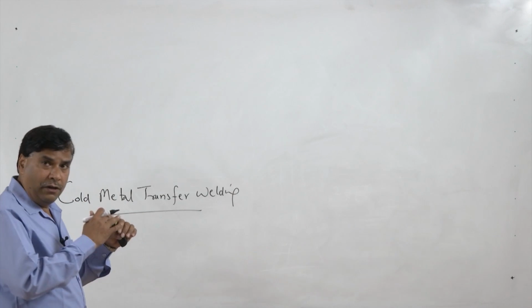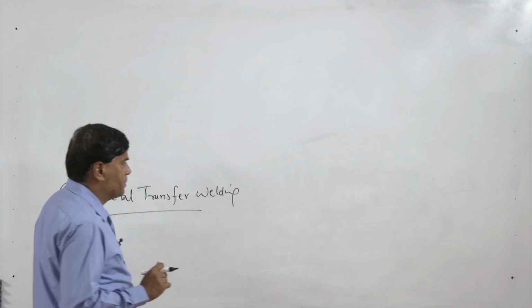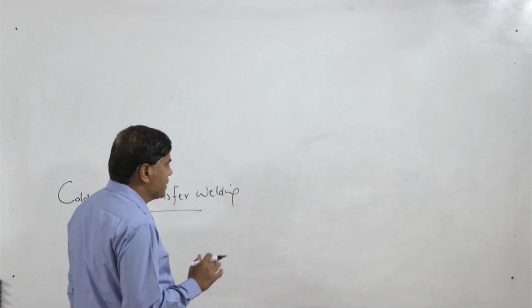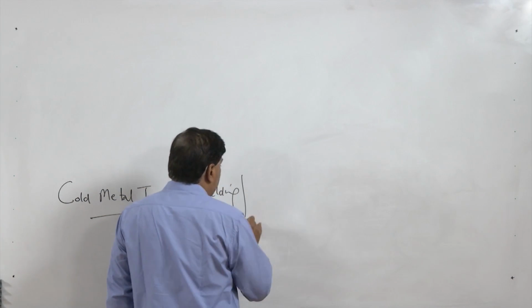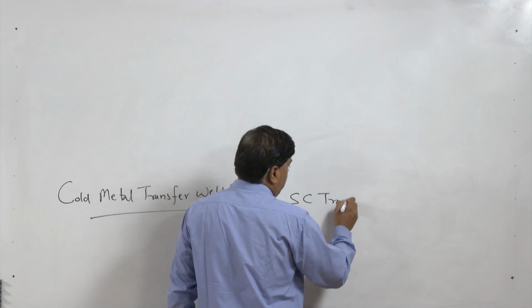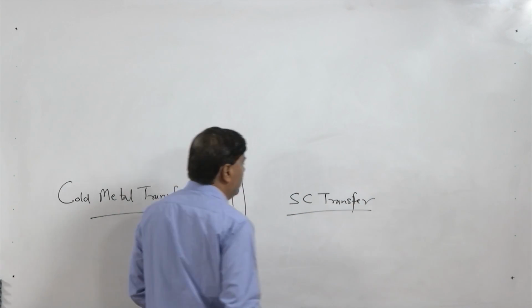So there are three or four types of transfers what we have seen, but we did not see the cold metal transfer, what it is and what is the meaning of this. It is one typical situation of the short circuit transfer which is achieved in the case of cold transfer.